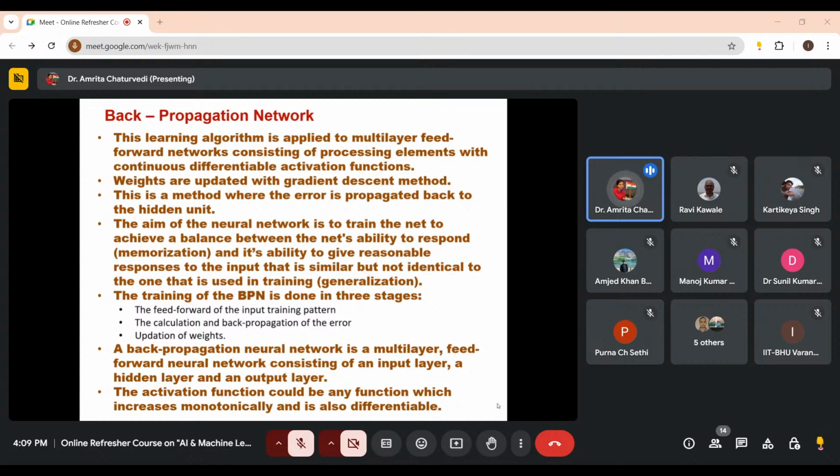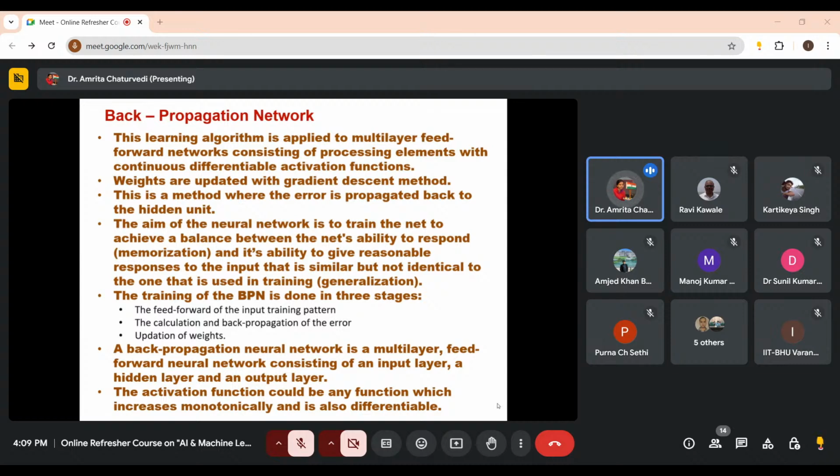This is applied to the multi-layer feed-forward network, and all the processing elements here are applied with a monotonically non-decreasing and differentiable activation function. The weights here are updated with the gradient descent method. We will be discussing the gradient descent shortly.